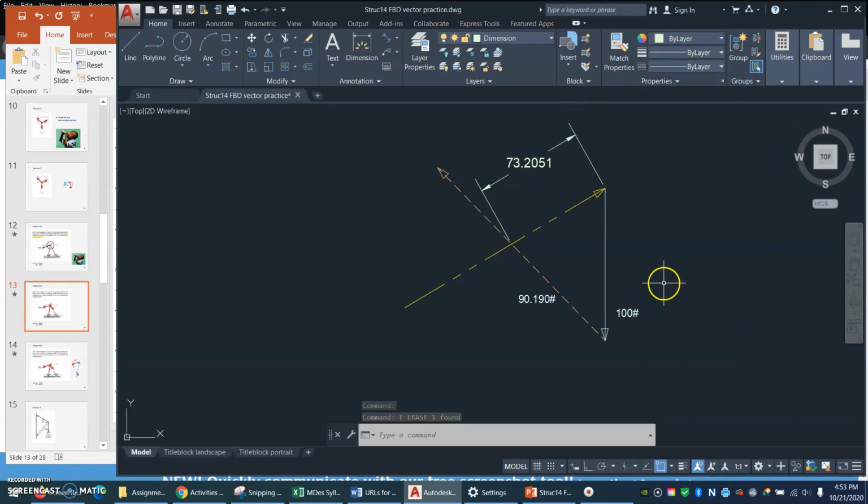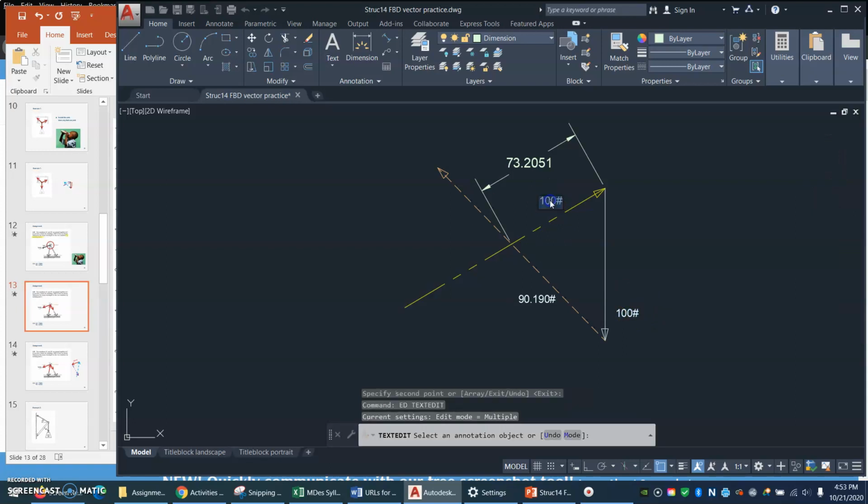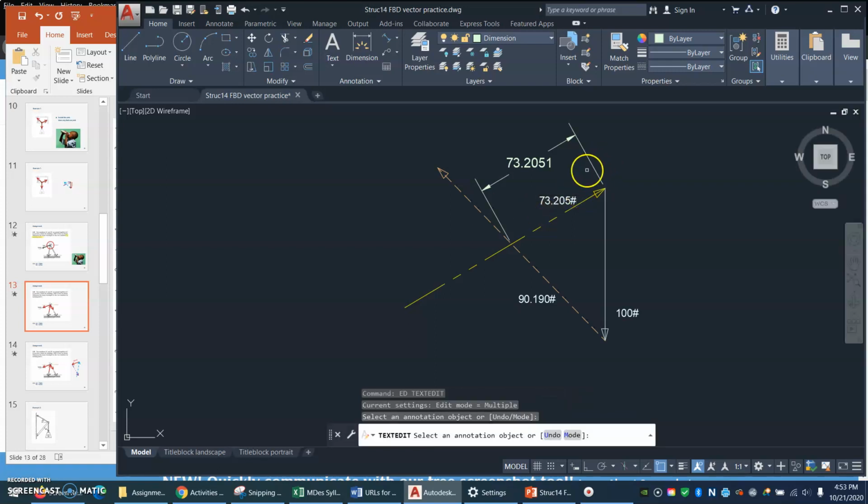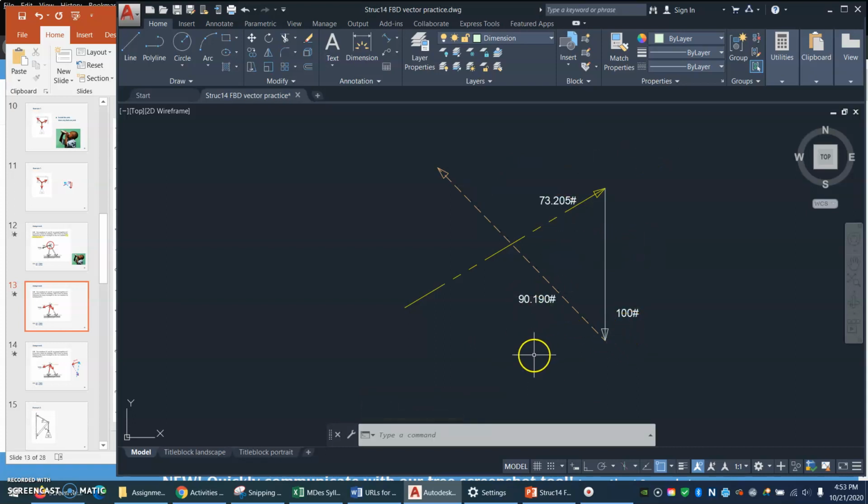I'm just saying that having this clean looking magnitude is not a bad thing either. So I'll make this 73.205 pounds, enter, and then I can delete this dimension. And now I rather like that. It's a nice clean looking layout. You're welcome to use aligned dimensions though if you prefer.